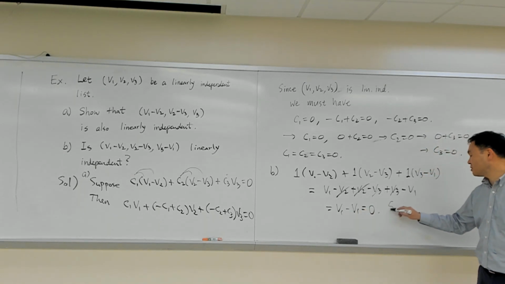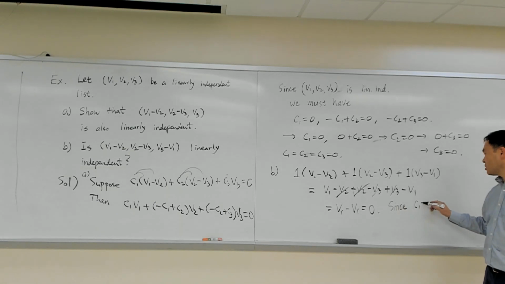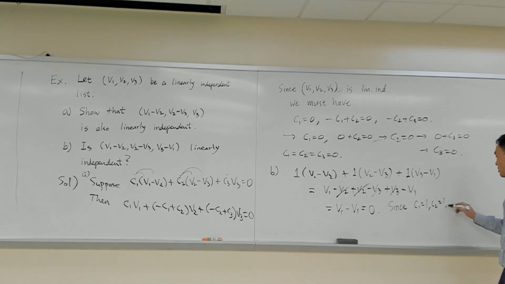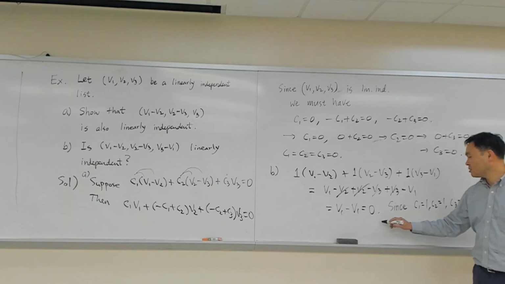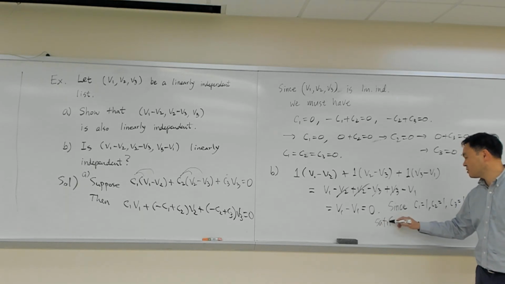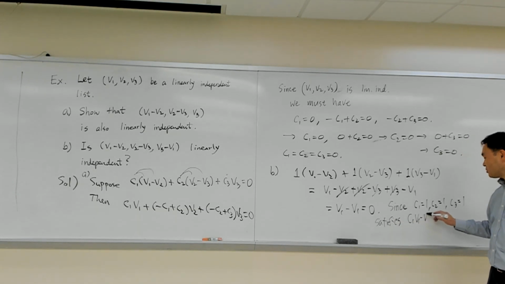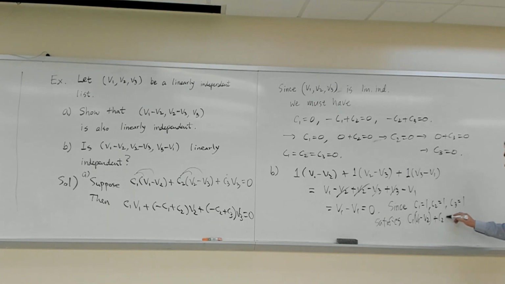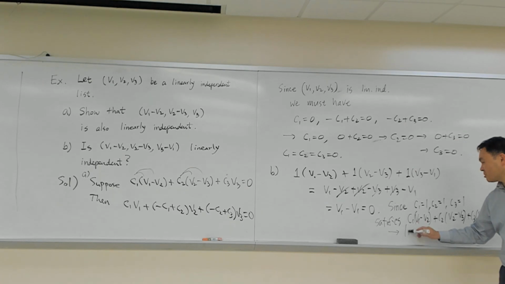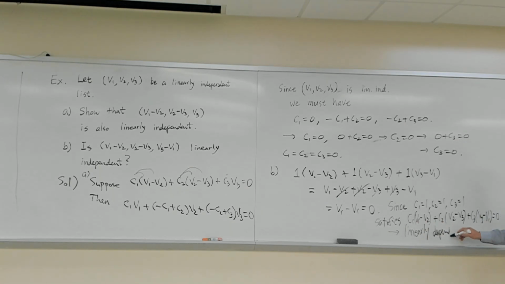Since C1 equals 1, C2 equals 1, C3 equals 1 satisfies C1 (V1 minus V2) plus C2 (V2 minus V3) plus C3 (V3 minus V1) equal to 0, that means this is linearly dependent. Okay? So that's how you show this.